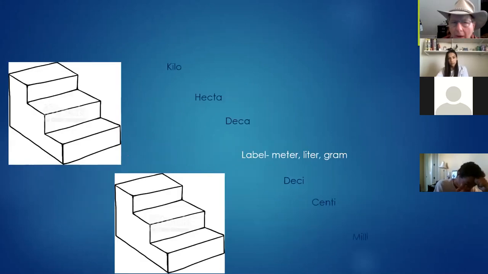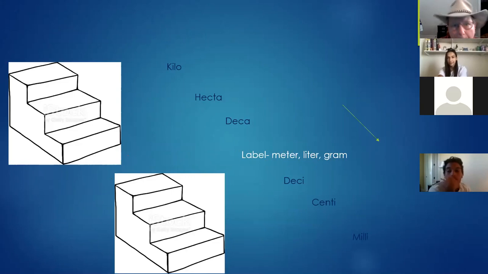Think of it like a staircase, guys. You have 7 steps to the staircase. Now, Karina, you there? Yeah. Is a kilo bigger or smaller than a milli? Bigger. So if a kilo is bigger than a milli, do you need more millis than kilos to have the same number?